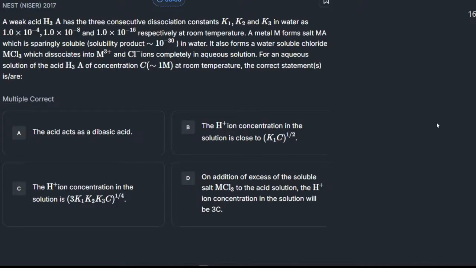So for an aqueous solution of acid H3A, whose concentration is close to 1 molar, we have to find out the correct statements.